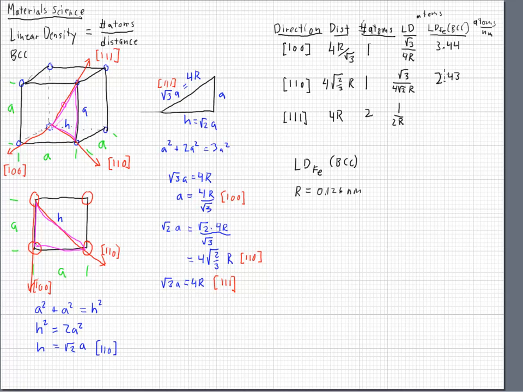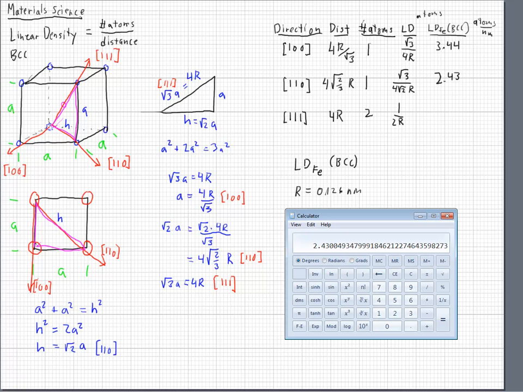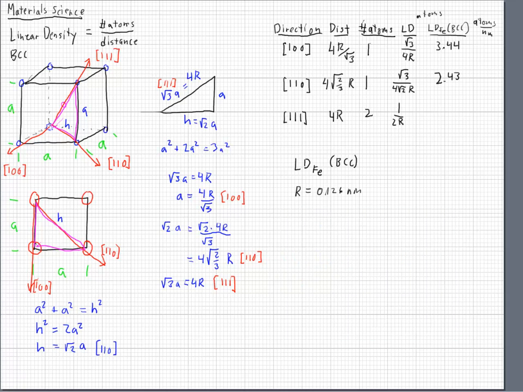We have 2.43. And finally, we can simply take 0.5, which is 1/2, and divide by 0.126. And we end up with 3.97 atoms per nanometer.